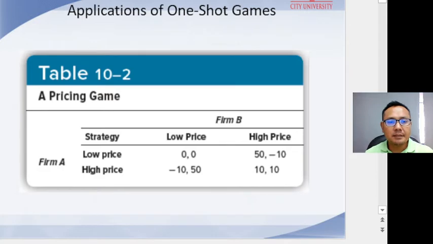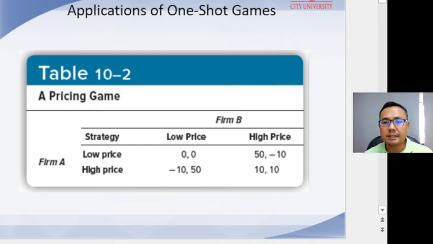Let us now see how game theory can help formalize the optimal managerial decision in a Bertrand duopoly. Consider the game presented in table 10.2, where two firms face a situation where they must decide whether to charge low or high prices.